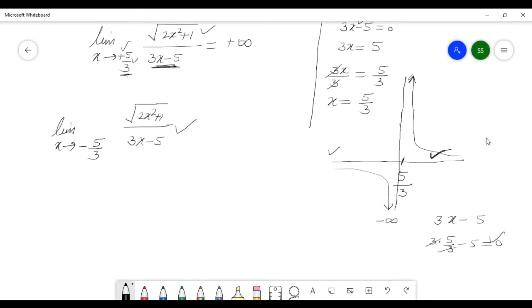So whenever you take a number bigger than 5 by 3, the function goes to positive infinity.